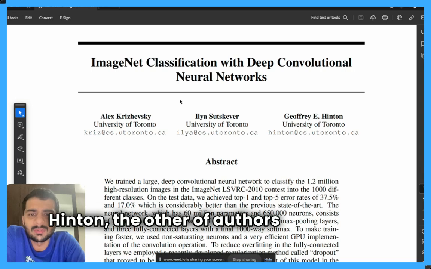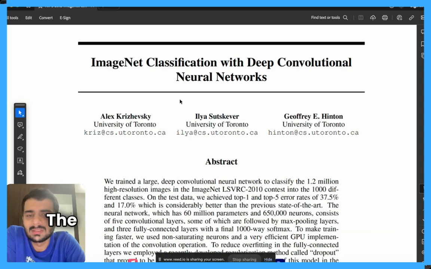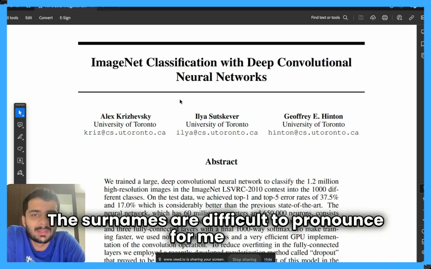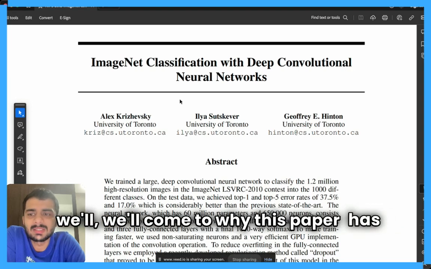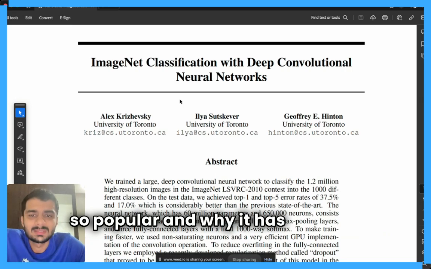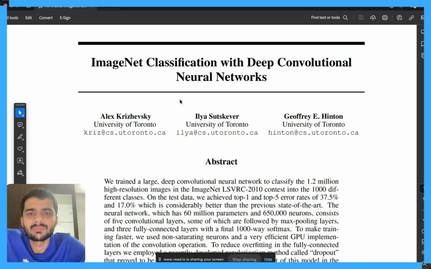The other authors are Ilya and Alex. The surnames are difficult to pronounce for me. And we'll come to why this paper has become so popular and why it has so many citations.